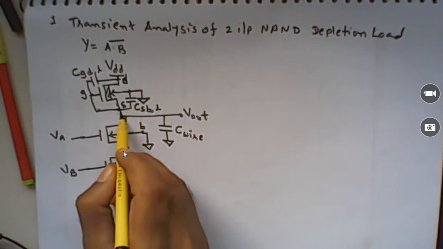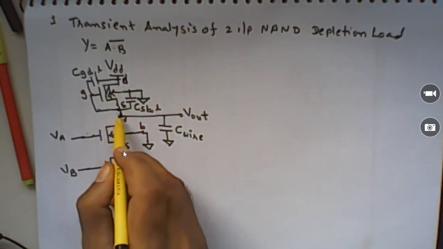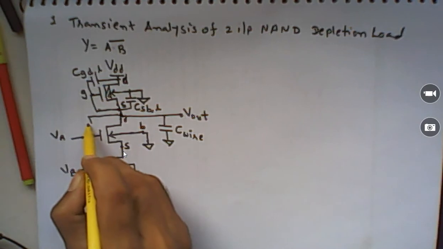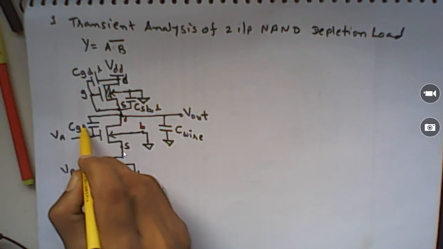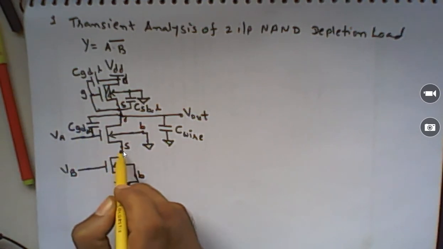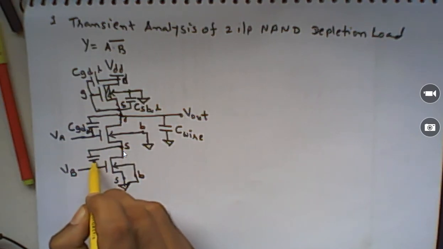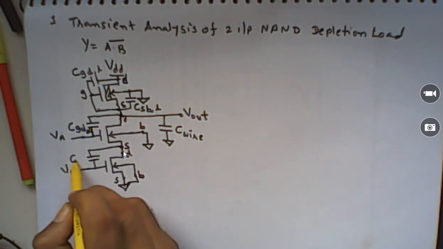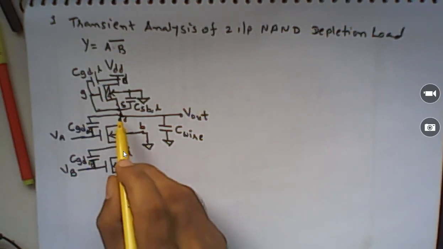The capacitance between the output drain and gate, which is between the output and input A, is CGD of A. In the same way, the capacitance between the drain and gate of B is CGD of B. Then the capacitance forms between the drain and bulk.